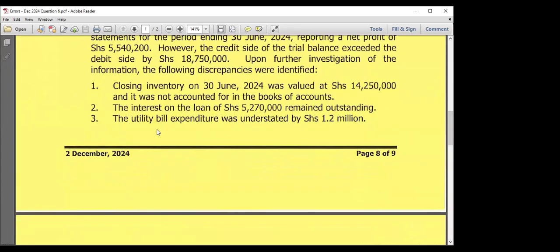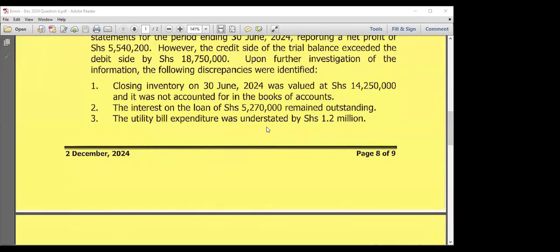The utility bill expenditure was understated by 1.2 million. Babiria is telling us it will, and she's right. You remember the explanation I gave you?